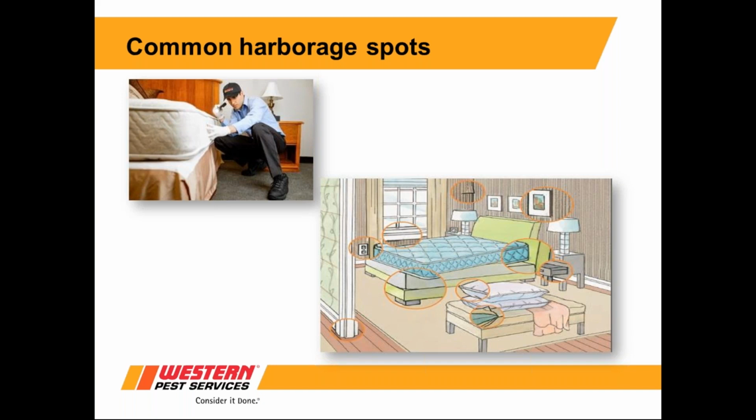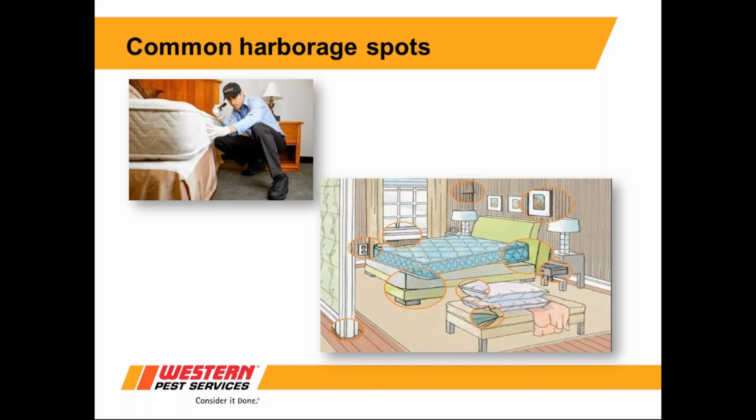So places that they'll hide, if you look in this picture to the bottom right, around outlet covers, any sort of framing, any framing around windows, behind pictures, back behind pictures around the frames. They can sometimes hide there. In outlet covers, the bed frame, the mattress cover, any pillows and gaps and cracks in there.